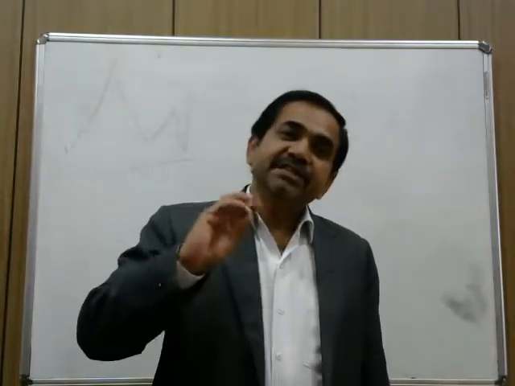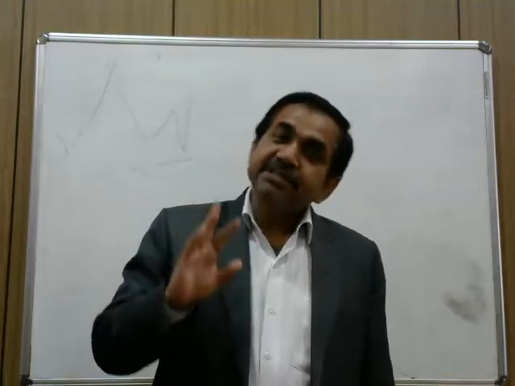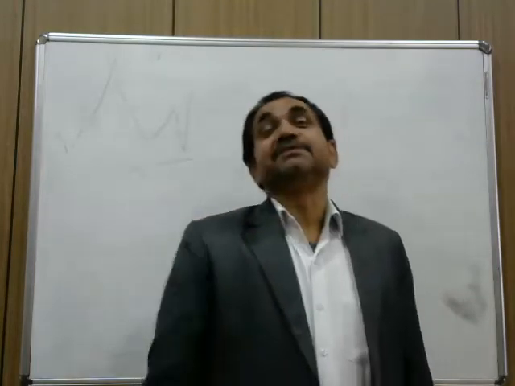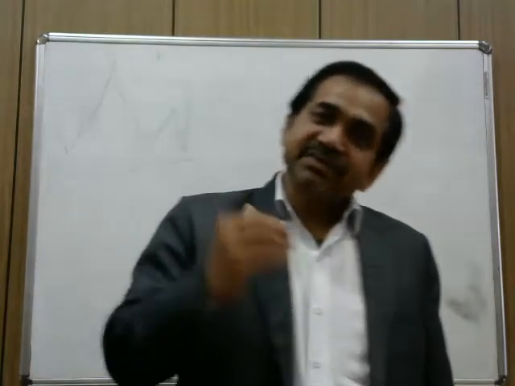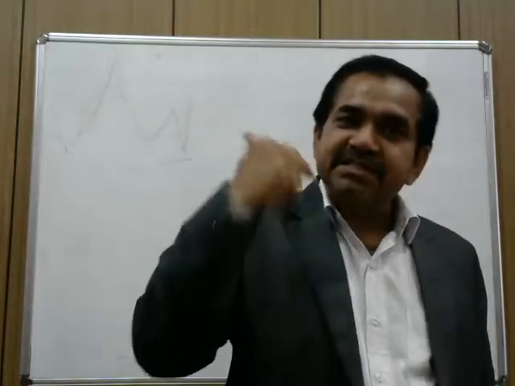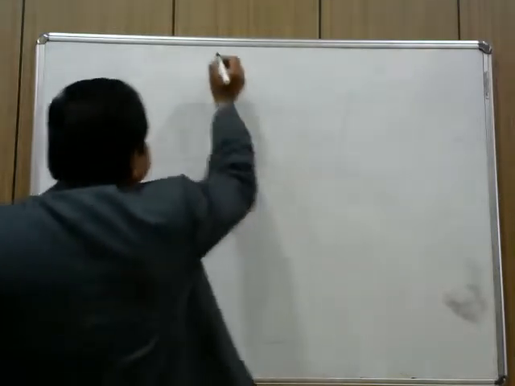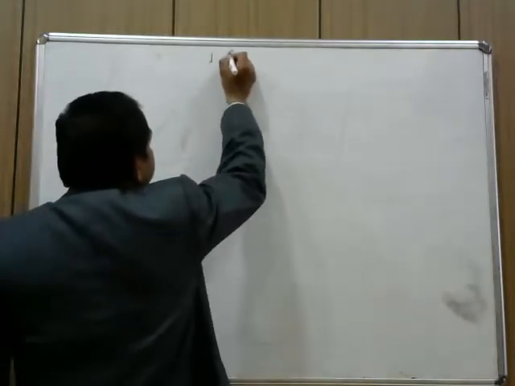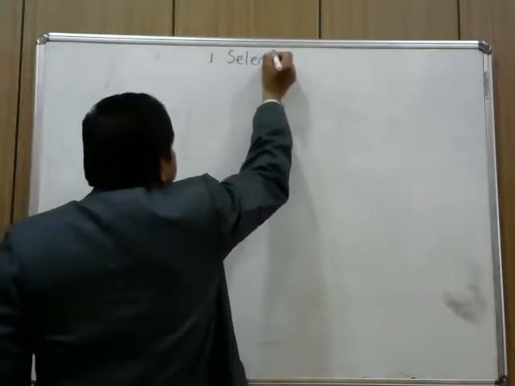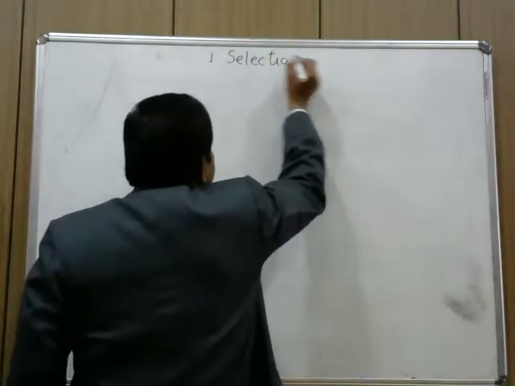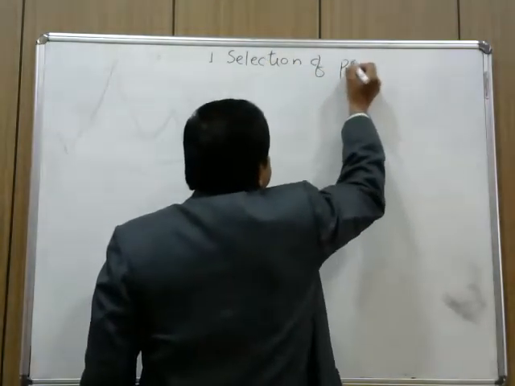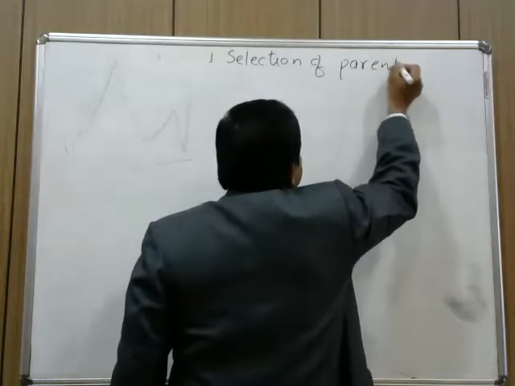And apart from these three rules, there is a fourth unsaid rule, that all these first three rules should be used in this sequence only. So first step is selection of parent chain.